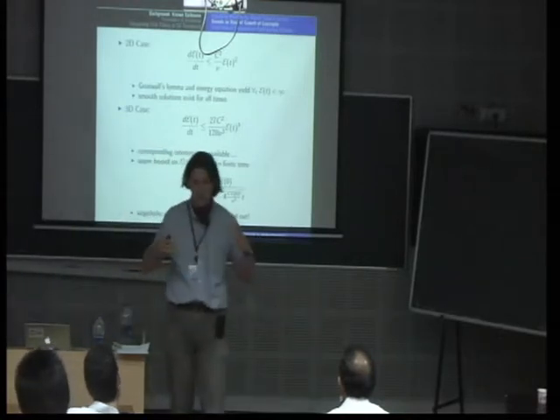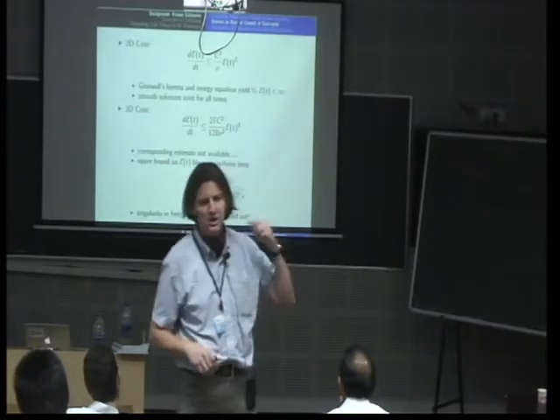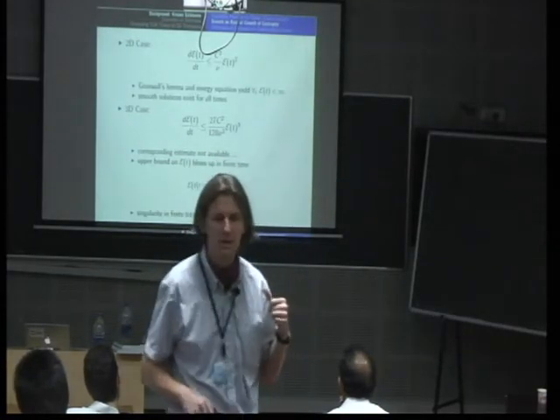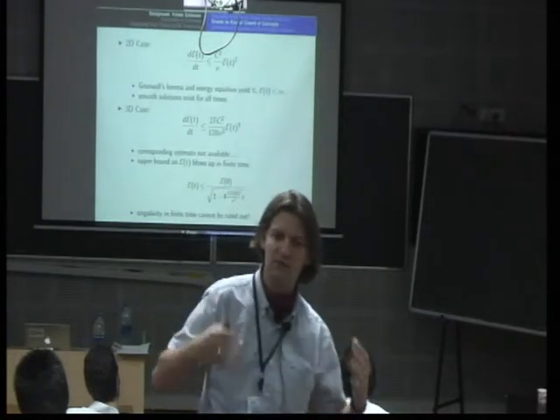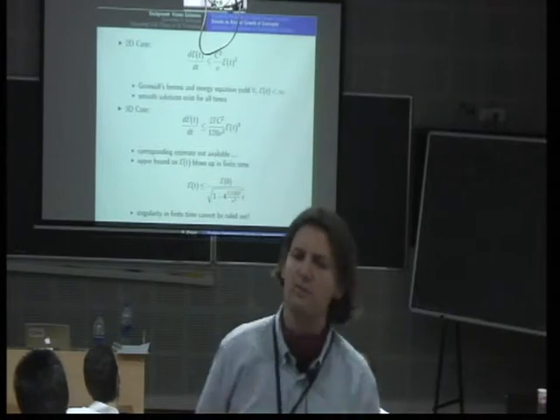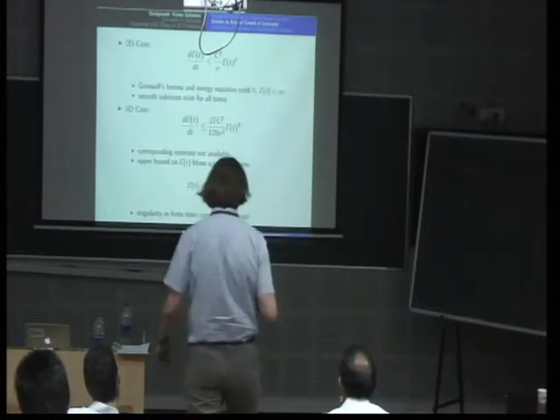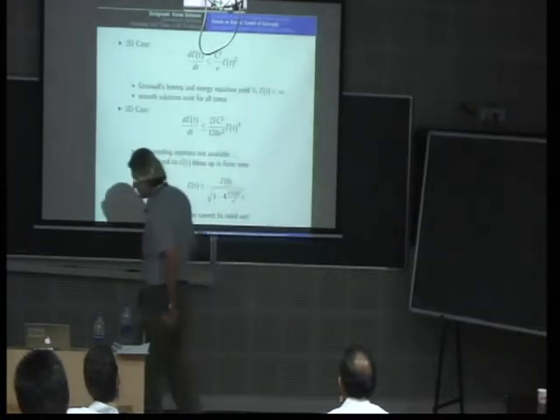And the question concerning blow-up can therefore be rephrased in terms of whether or not this estimate is sharp. In other words, can we find solutions to the Navier-Stokes system that actually realize this estimate over some finite window? And this can be done with the help of methods of PDE control.